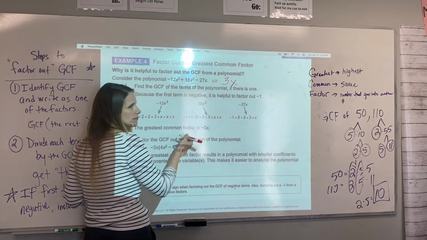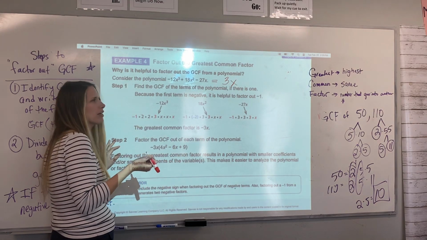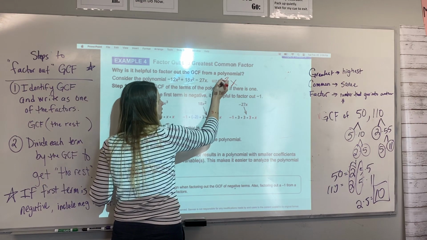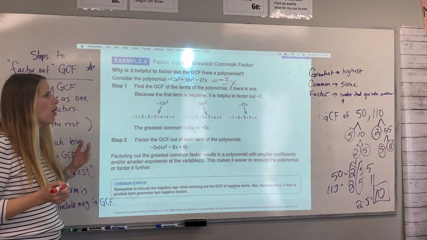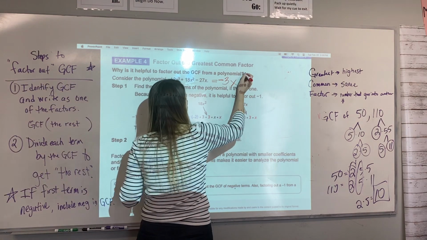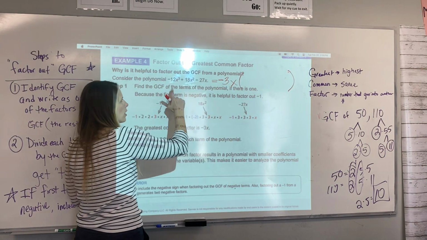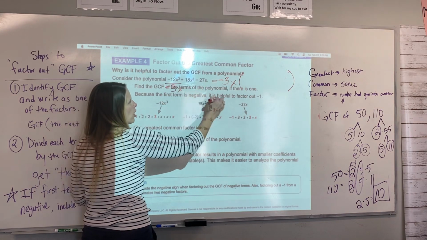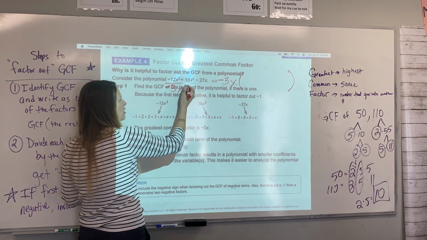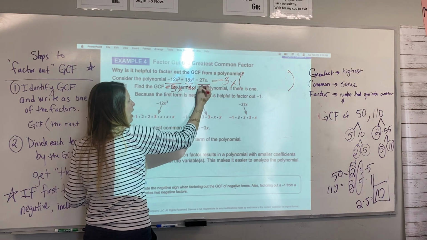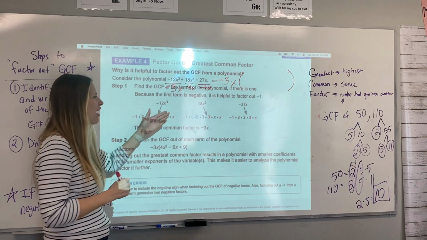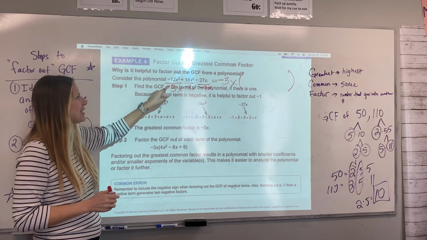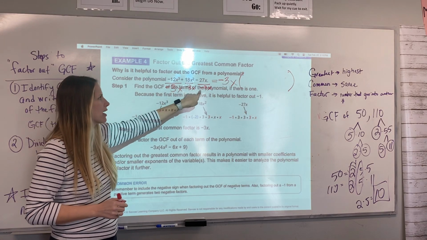Now, if we factor out the negative with the GCF, all that's going to do is allow us to cancel out this negative because we're going to divide. Remember, to get the rest here, we have to divide each term by the GCF. So if I'm factoring out the negative as part of the GCF, I'm going to divide each term by negative 3x, negative 3x, negative 3x.